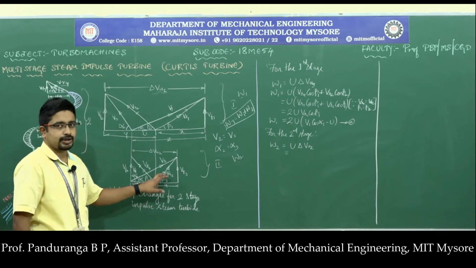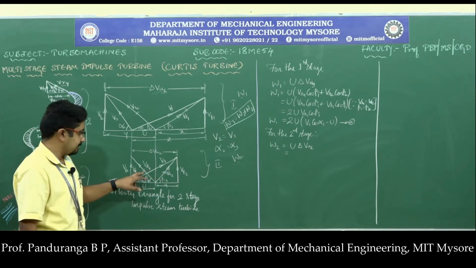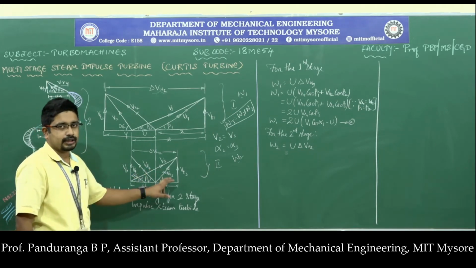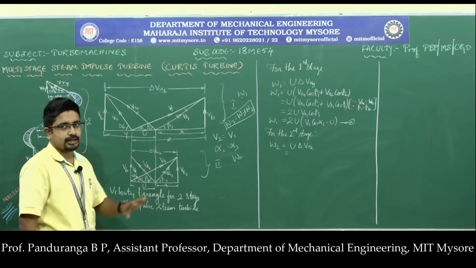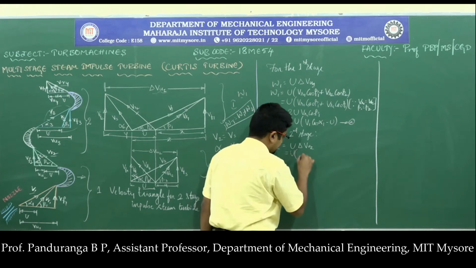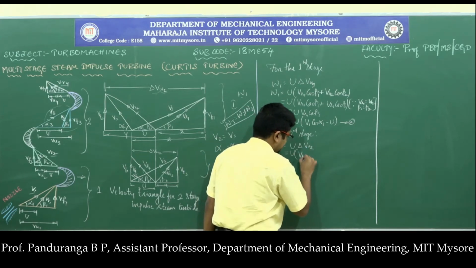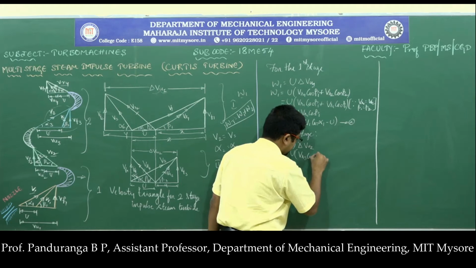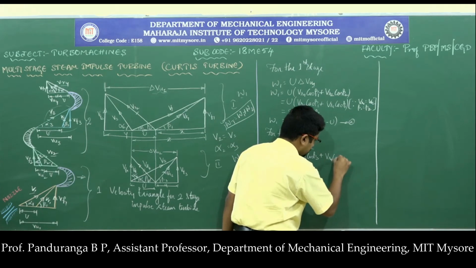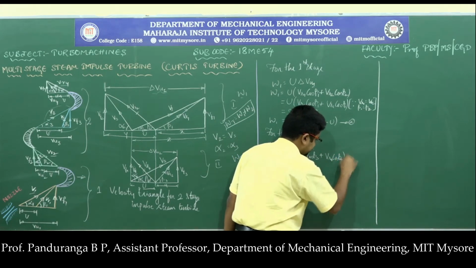A can be written as the horizontal component of VR3 and B as the horizontal component of VR4, and we also know that VR3 and VR4 are the same because we are dealing with an impulse turbine. So U into delta VU can be written as VR3 cos beta 3, that is the horizontal component of VR3, plus VR4 cos beta 4.